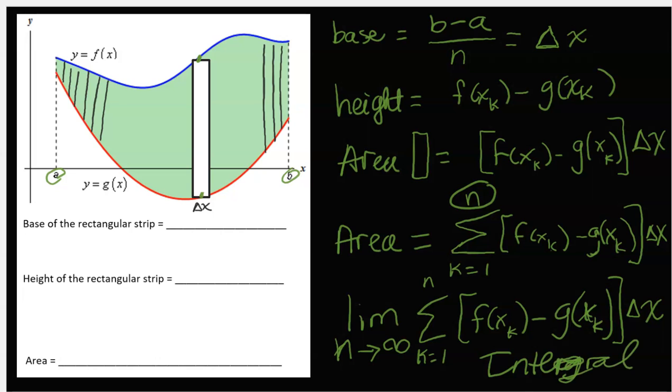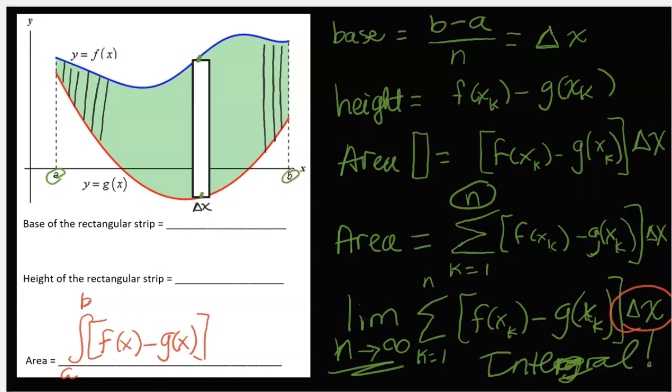When you take the limit of the Riemann sum, you have an integral. And you have seen that before, and that integral is the integral from a to b of f of x minus g of x, and we are taking the integral with respect to x. That is the dx.